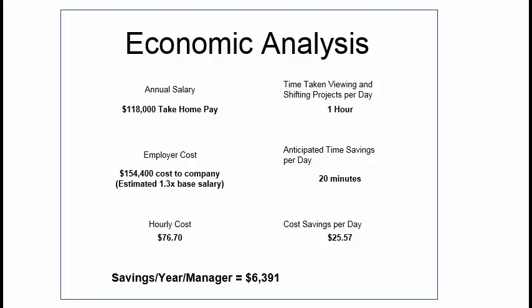We also know our client reportedly spends around 1 hour per day comparing project schedules. While our test did not capture all aspects of the scheduling process, the results show that the time required to find the information necessary to make a scheduling decision will decline. We estimate that our tool will save our client around 20 minutes per day for a yearly savings of $6,391 for each manager implementing the tool in their daily routine.